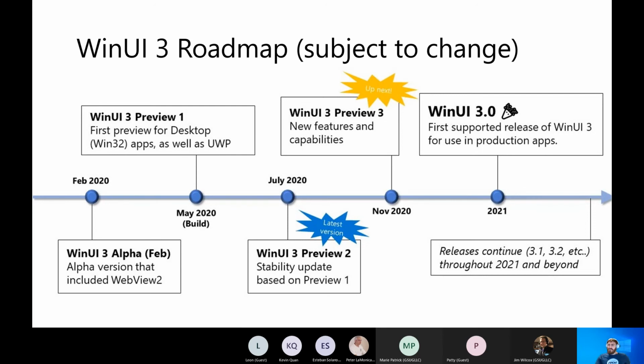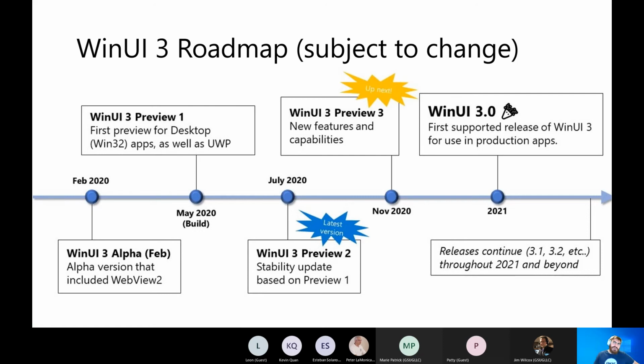But we did ship many different versions. The very first one was a little bit over a year ago, or around a year ago, at Ignite 2019. So we shipped Alpha 1. We also shipped Alpha 2 in February. Actually, Alpha 2 was just a few weeks later, just a stability update.